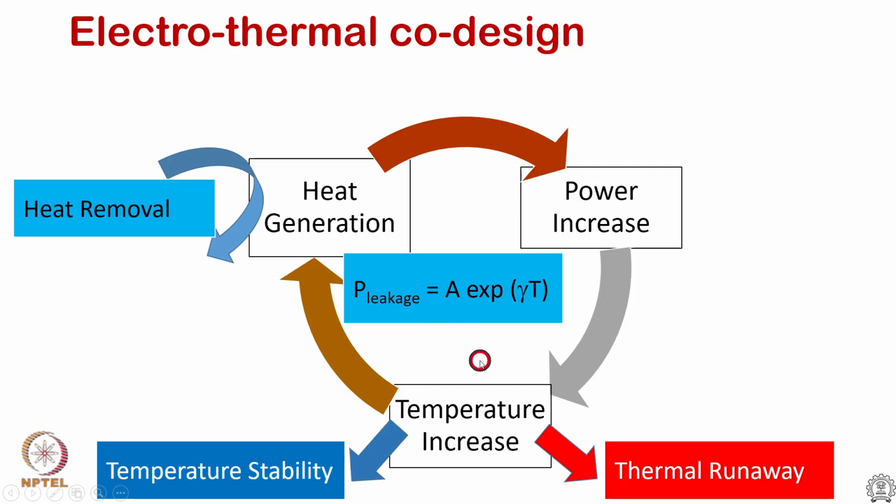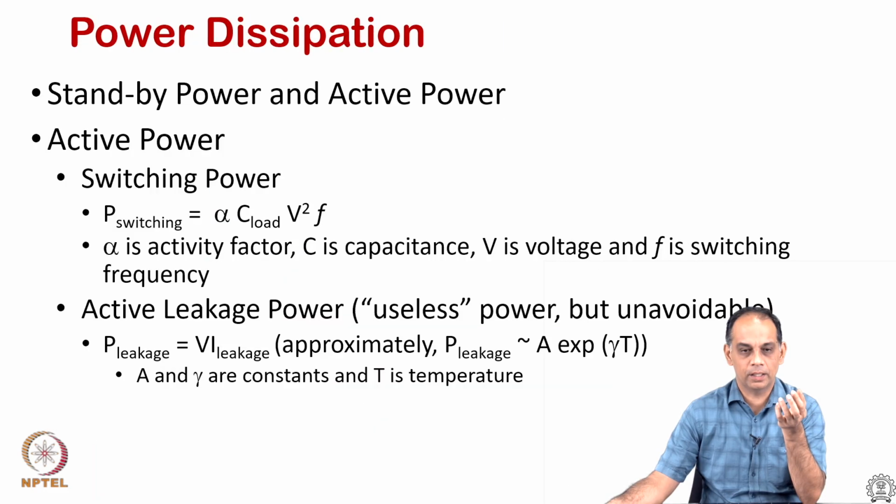If you let it go, then you run into a situation called thermal runaway. This is also common in batteries these days. When we talk from the perspective of lithium ion batteries, thermal runaway is a situation that has to be avoided. And here, in processors, it is in the form of leakage currents. There are other reasons in the battery.